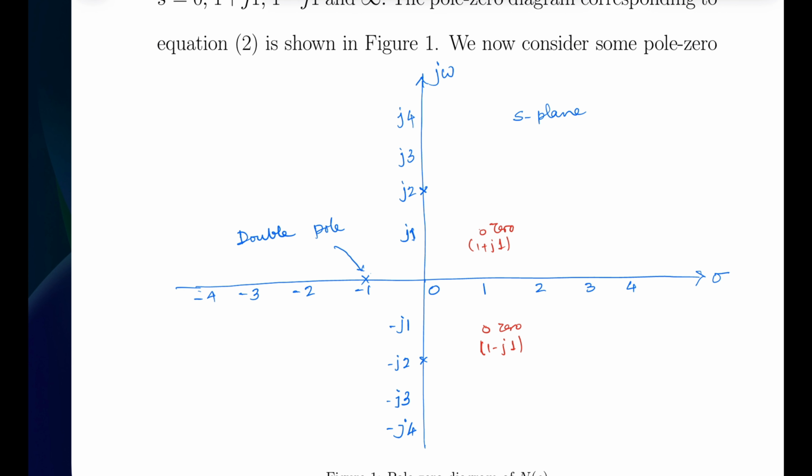We have a double pole there and we have a pole at j2 and also at minus j2. This is the diagram for the s plane. इधर हम खींच रहे हैं सिग्मा, इधर खींच रहे हैं जी ओमेगा. We have shown you the location of poles and zeros on the complex frequency plane.